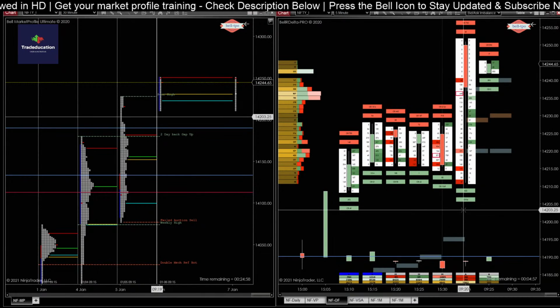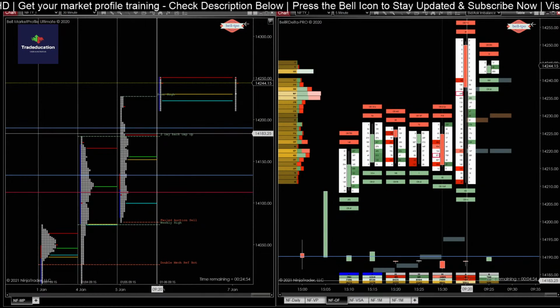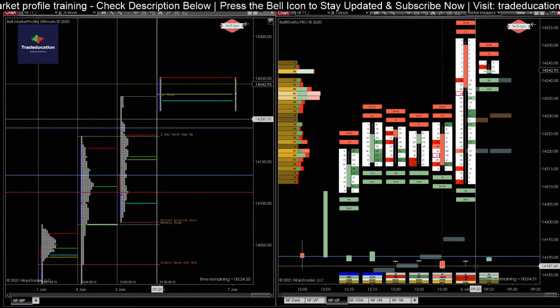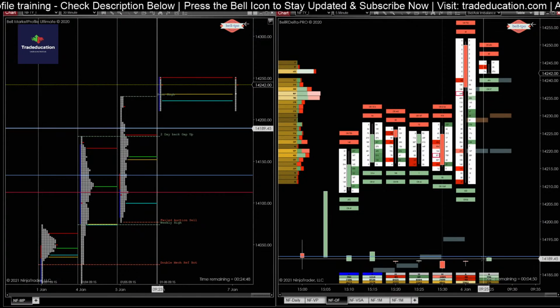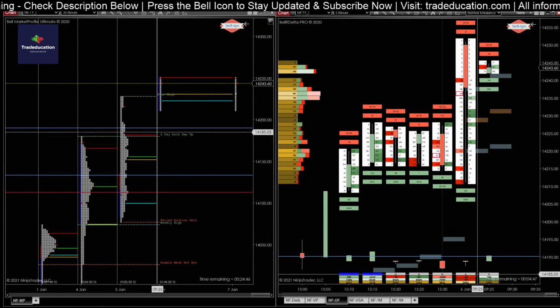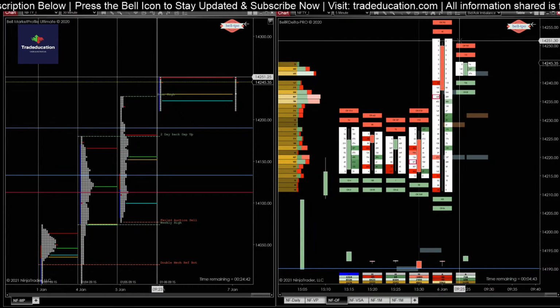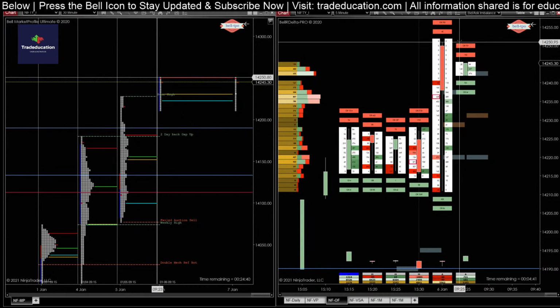Okay. So 5,962 contracts traded. The auction closed above VWAP. We are seeing some good strong positive delta coming in. So let the high be tagged.